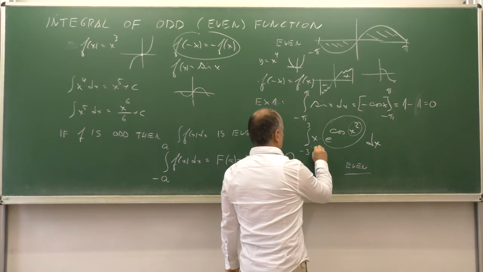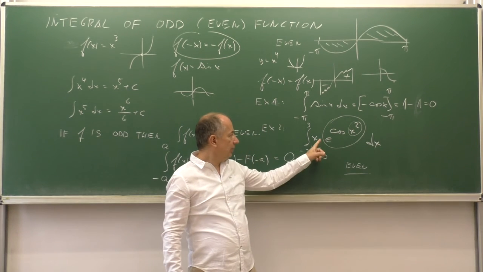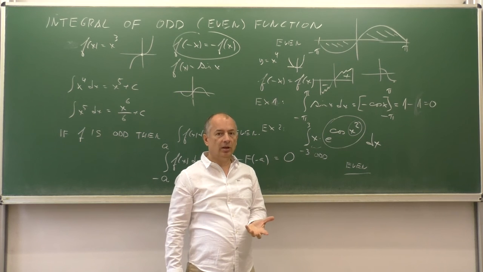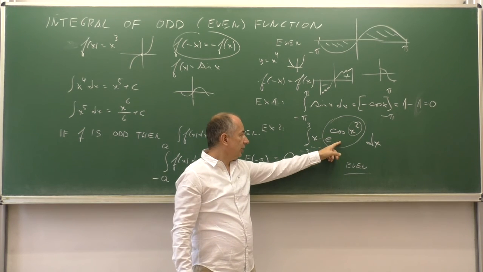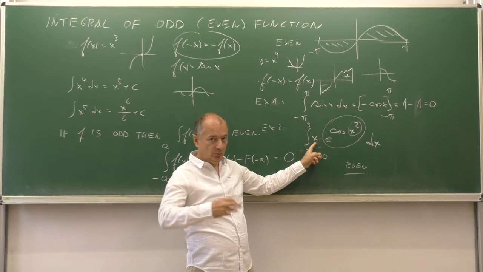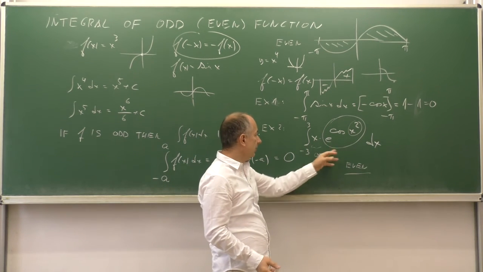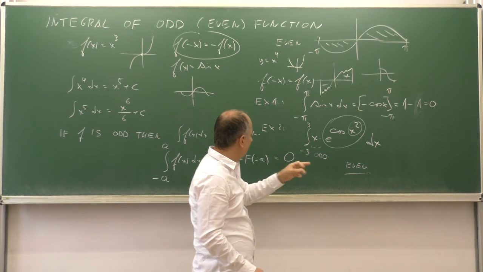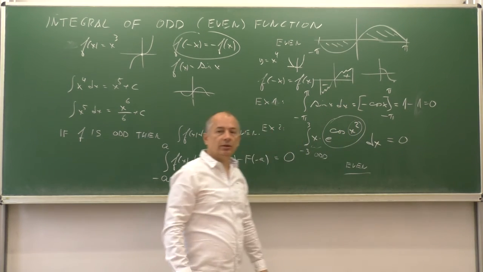And x alone is odd. And if you multiply an odd and an even function, the result is odd. Because if you change the sign of x, no change here, this is the opposite result. So the result is just the opposite number. And this function is odd. The integral is symmetric from minus 3 to 3, so we know for sure that the result is 0.